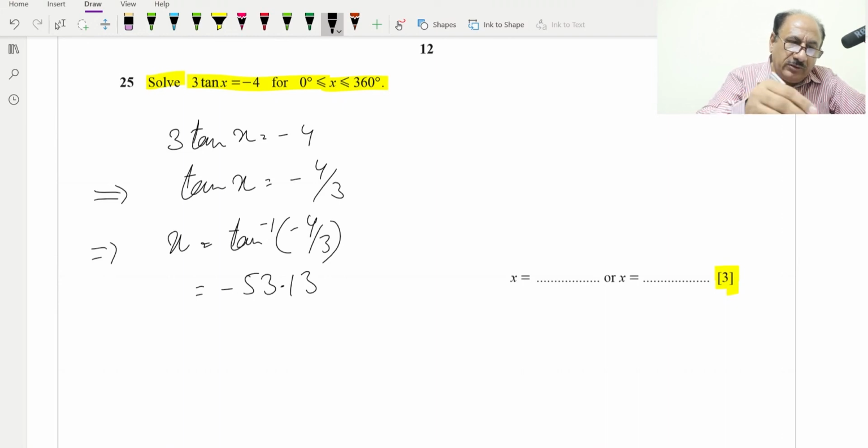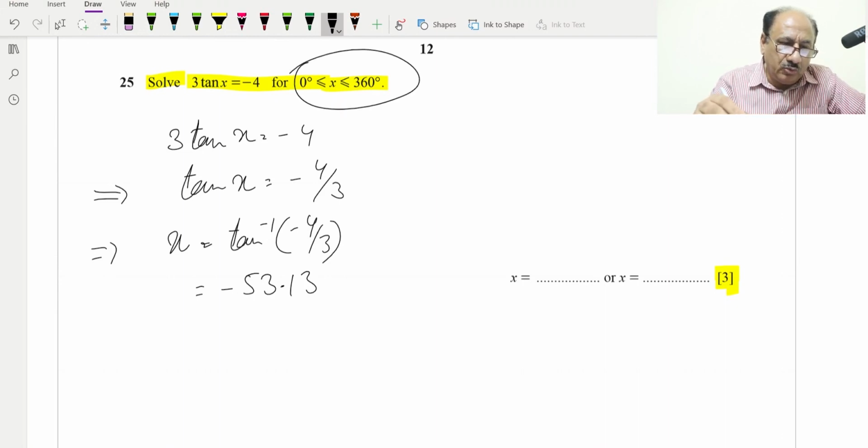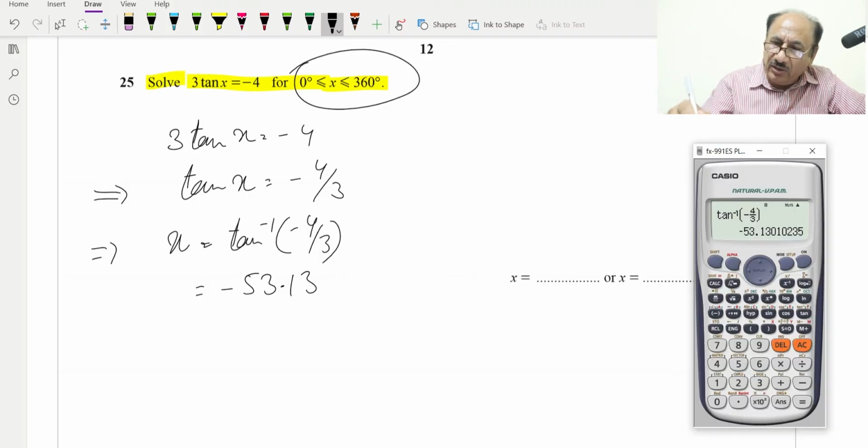Our range is 0 to 360, so we cannot take this angle, so we add 180. Minus 53.13 plus 180 will be equal to 126.87.